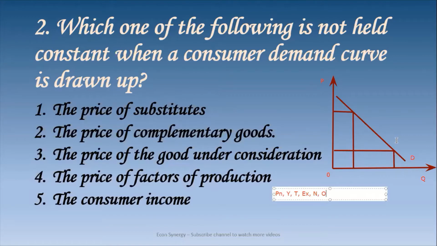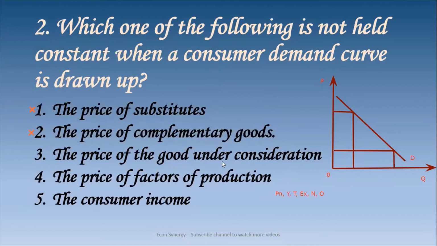Then only the price changes, right? Then what is the thing we assume? Here, the price of substitutes, the prices of other goods remain constant. Therefore, this one is wrong. And the prices of complementary goods, since substitutes and complements come under the prices of other goods, they remain constant.